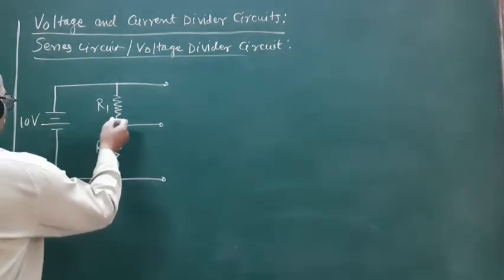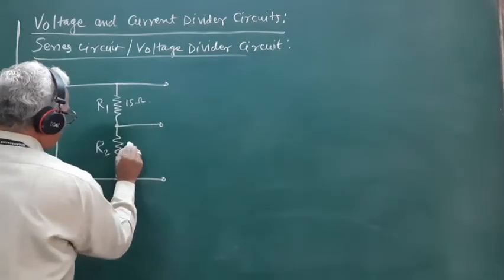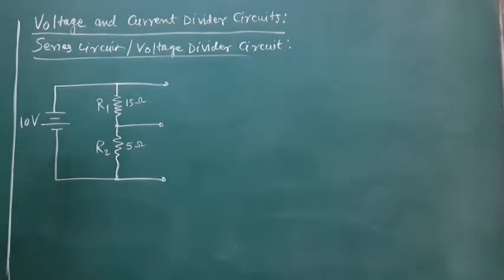The value of the first resistance R1 is say 15 ohm, and that of the second resistor R2 is 5 ohm.